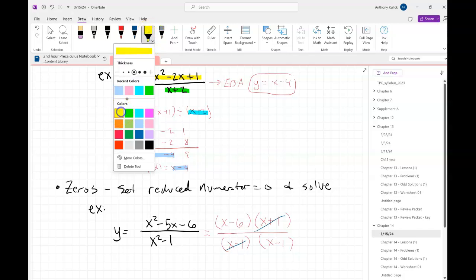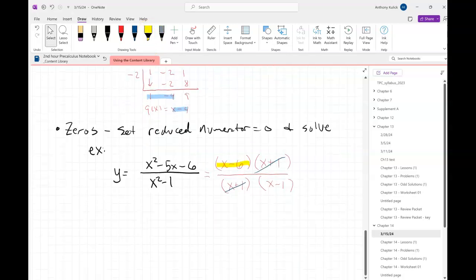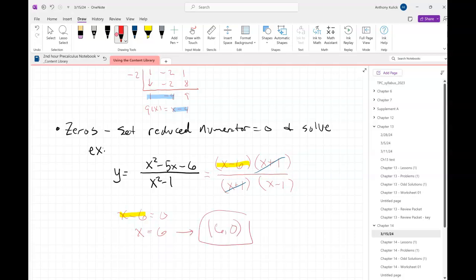So now all I need to do is take my reduced numerator, set that equal to 0, and solve. So that means that I have the zero 6, comma 0. Everybody feel good? Notice that x plus 1 doesn't count because I reduced it. That'll actually be a removable discontinuity. Everybody's okay there?